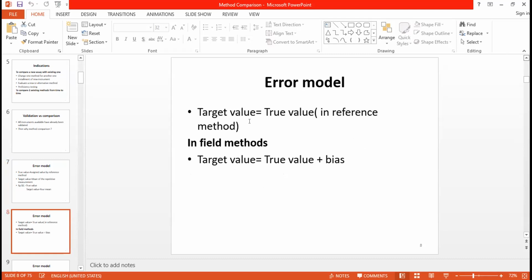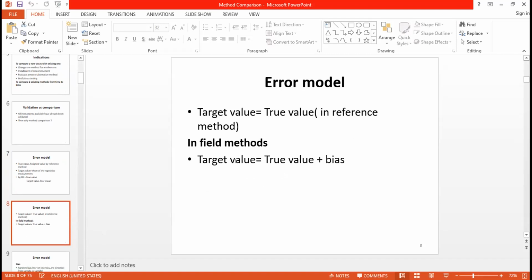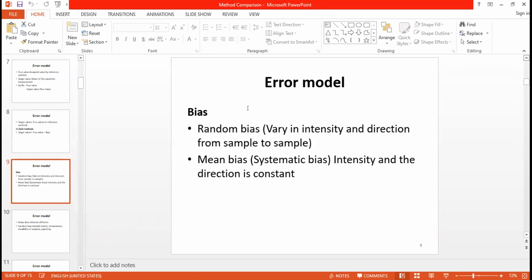Your target value is equal to the true value only with the reference method, which is very specific to that method. But in all your field methods, your target value varies from your true value because of the bias, which may be the random bias or the mean bias, the systematic bias.